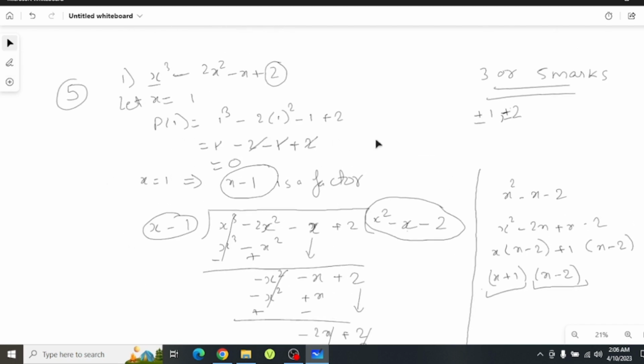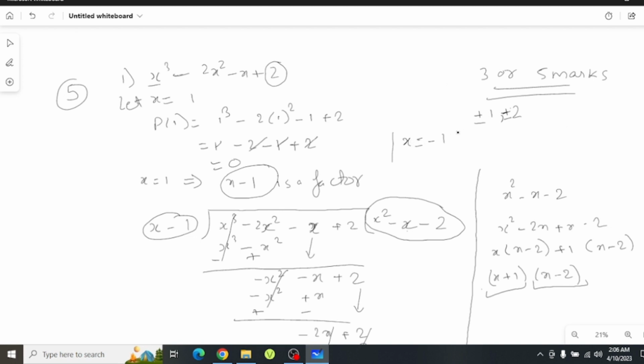And one more thing while doing this question, here I have used x equal to 1 to find out the factor. If x equal to 1 gives you a non-zero term, then you have to take x equal to minus 1.